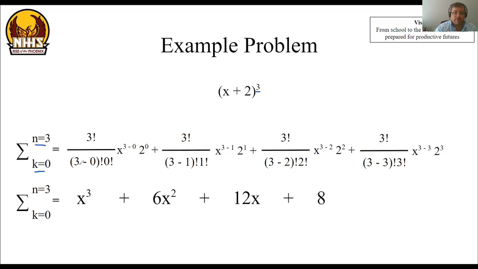And this right here is the highest number minus k, highest number minus the next k, and so on. All k is doing is counting up from 0 to 3. And look at your exponents. They are changing: 3 minus 0, 3 minus 1, 3 minus 2, 3 minus 3. And these are increasing.